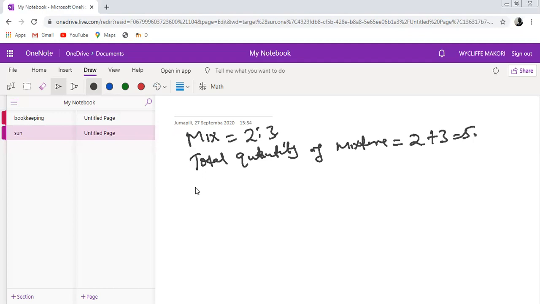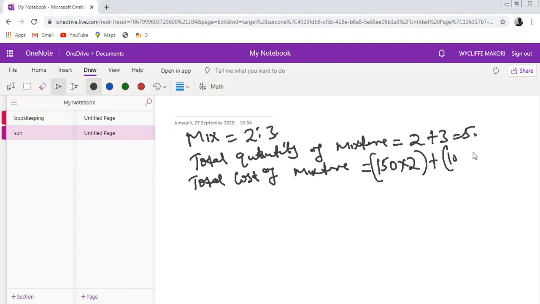If we want to get the total cost of a mixture, it is the price of the first quantity multiplied by its ratio. In this case, it was selling at 150 times 2, that is the millet flour, plus the price of the second element in the mixture times the quantity. In this case, the maize flour, each kg was 100 and we mixed 3 kg.